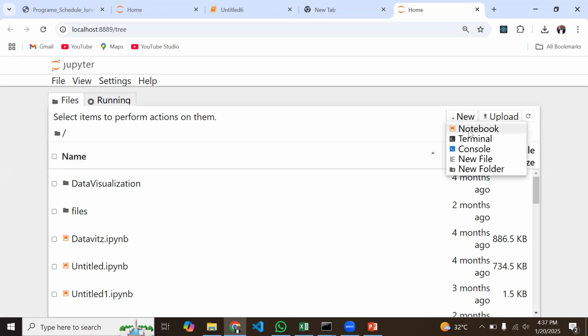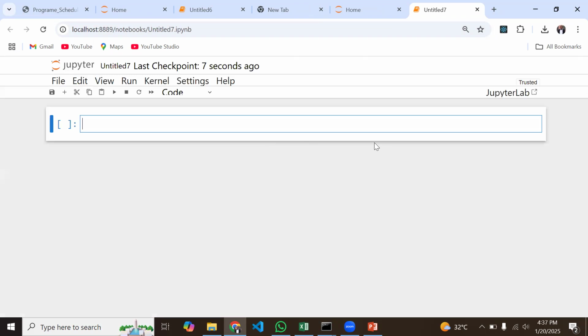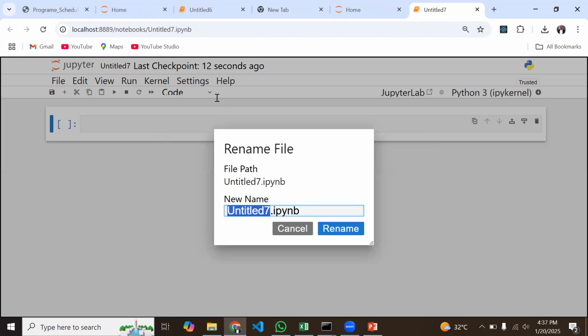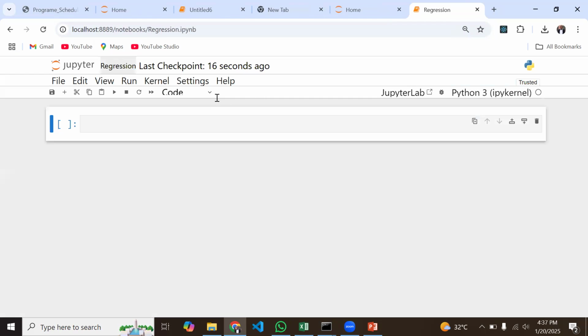Okay, so I'm going to open a new notebook. And let me rename this because I have quite a number of them. So let me call this regression. Okay, so we do the import of our libraries, and the first one is NumPy as np.